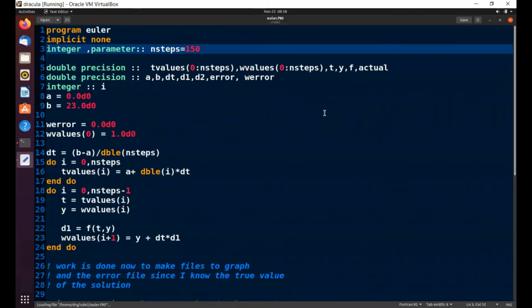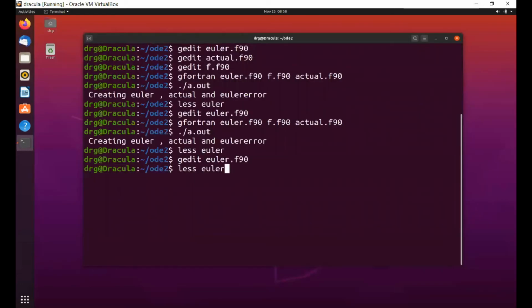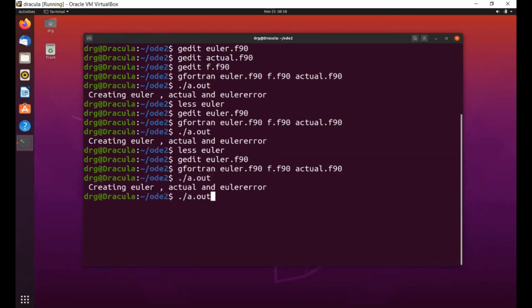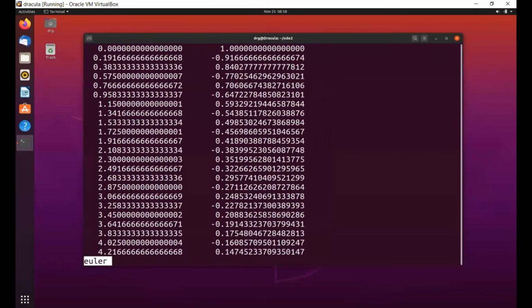Let's get dangerously close to the cutoff, though. 120. Now you see, by the middle of the first screen, the computed solution is about negative 0.322, which is not nearly as small as it was before.